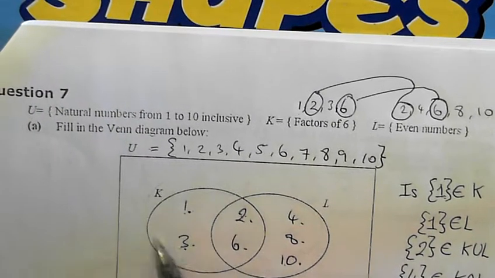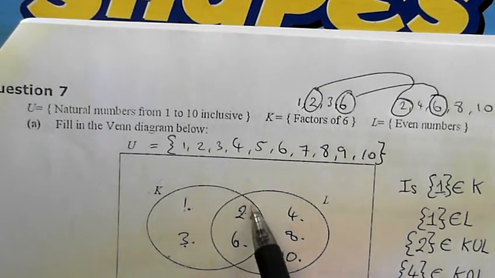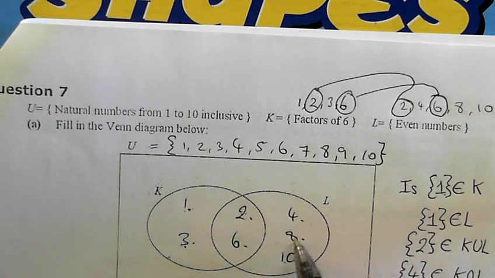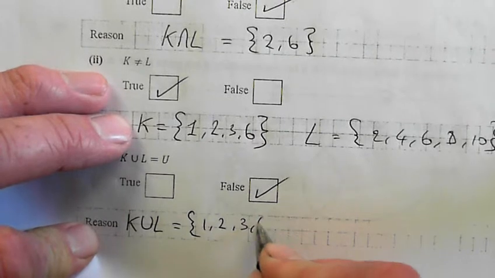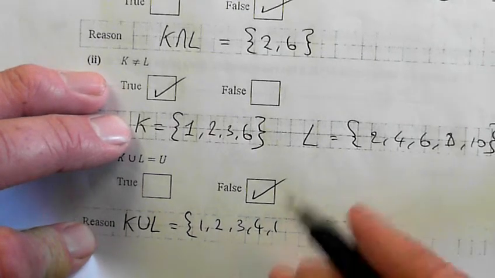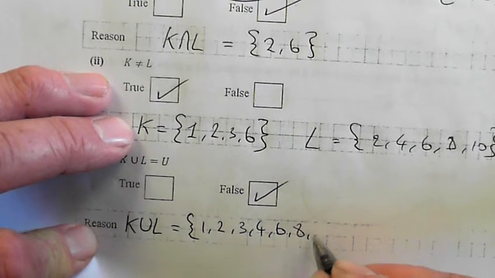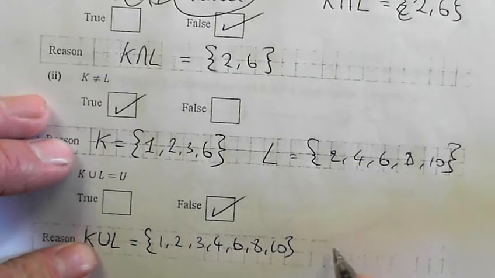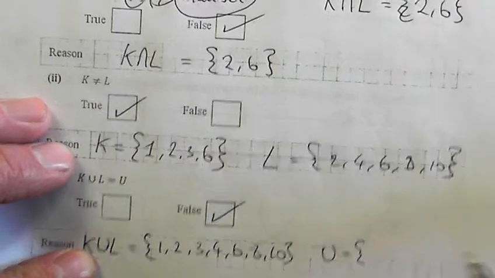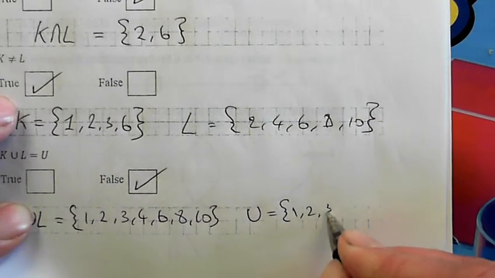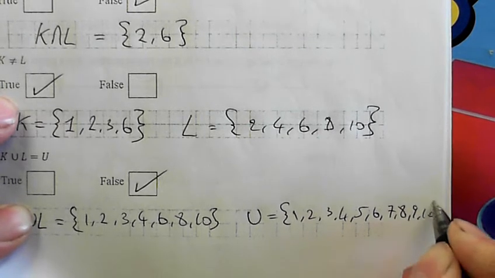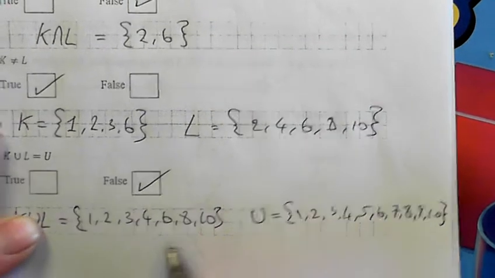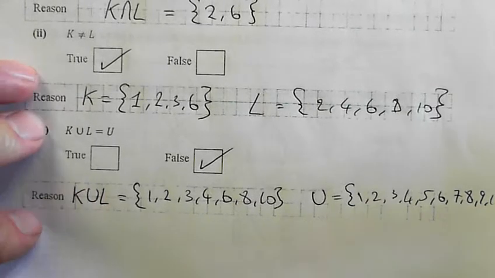K union L is everything inside the circles. 1, 2, 3, 4, 6, 8, and 10. What's the universe? Everything 1 to 10. Are they equal? They're not. Okay.